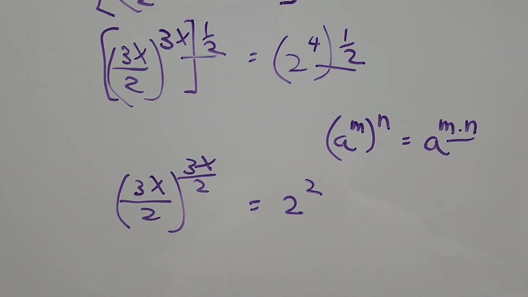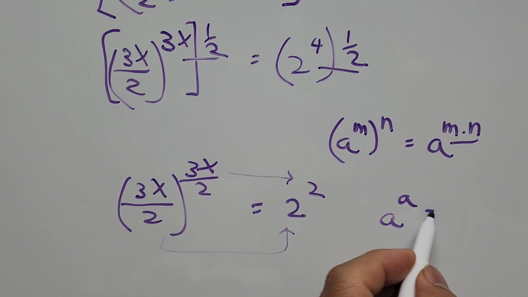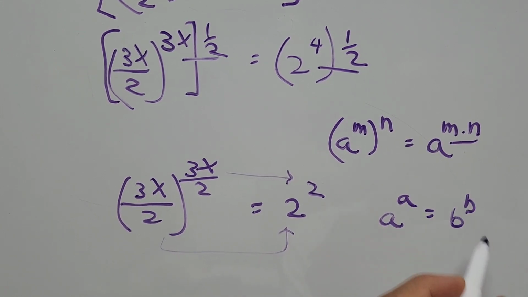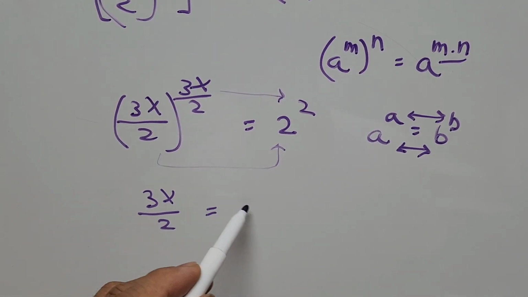By comparison or one-to-one correspondence, we can say that a to the power of a is equal to b to the power of b means the base corresponds to the base on the other side, and likewise the exponent. So 3x over 2 must be equal to 2.